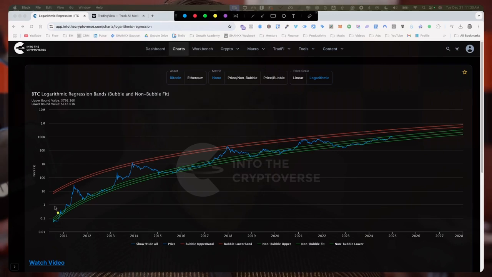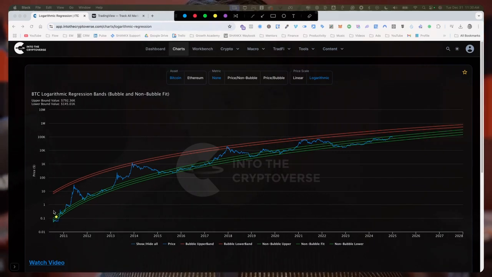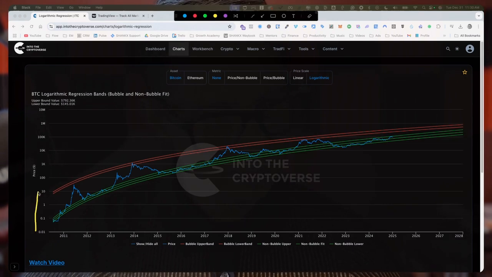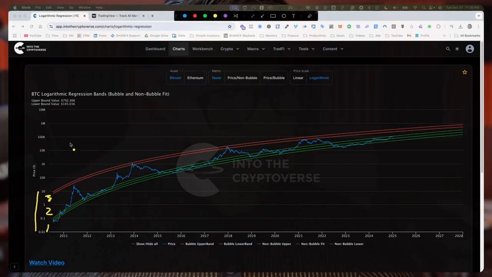If you look here on the left-hand side, you can see on this logarithmic chart the price going from 1 to 10 takes what? 1, 2, 3 bands.